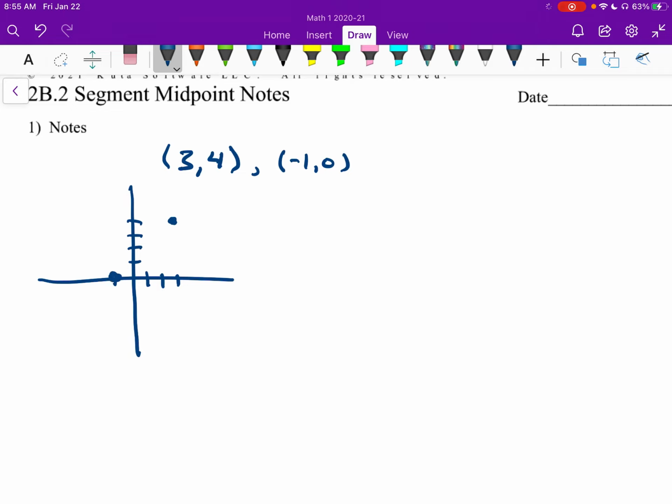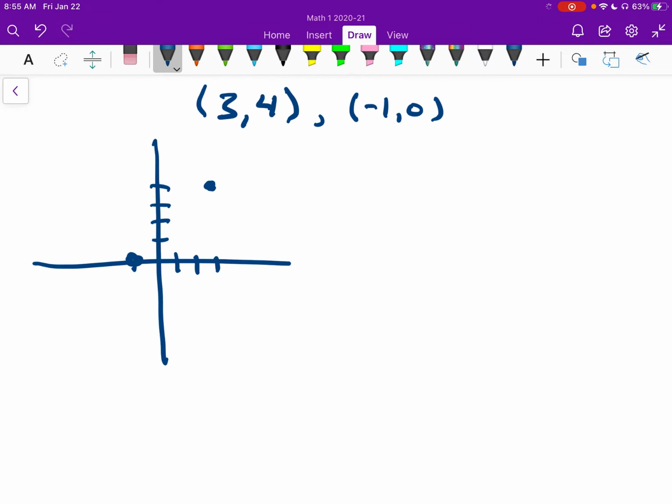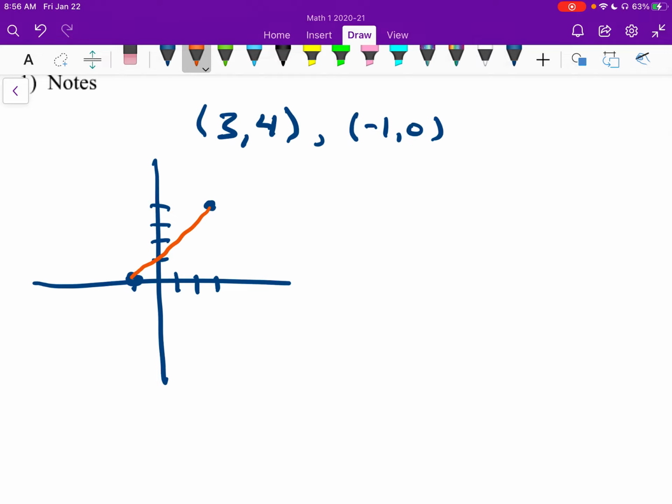So here'd be the other point. We have a segment that goes between them, and it stops at those dots. What we want to do is find the midpoint, the exact middle of that line.